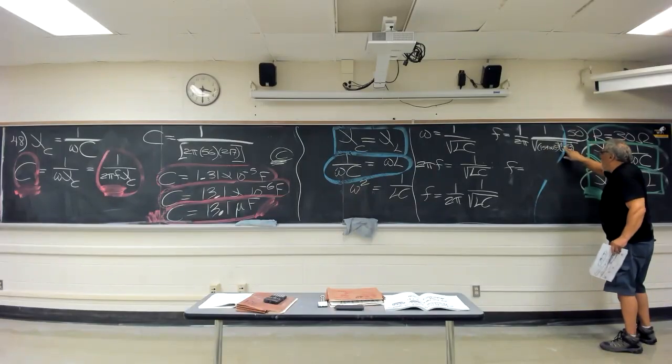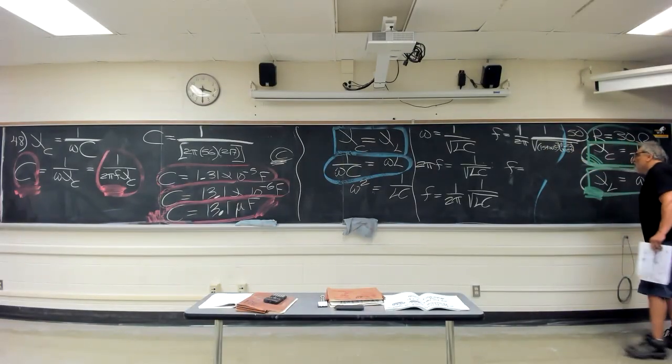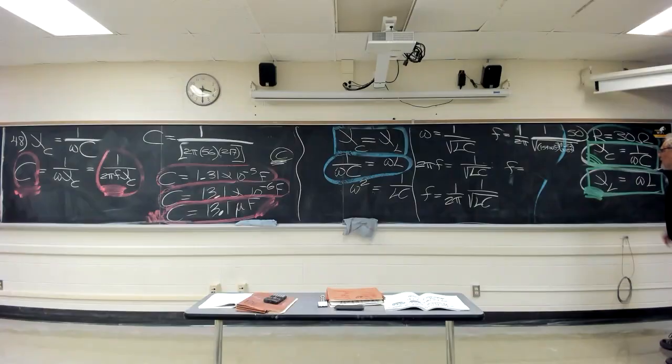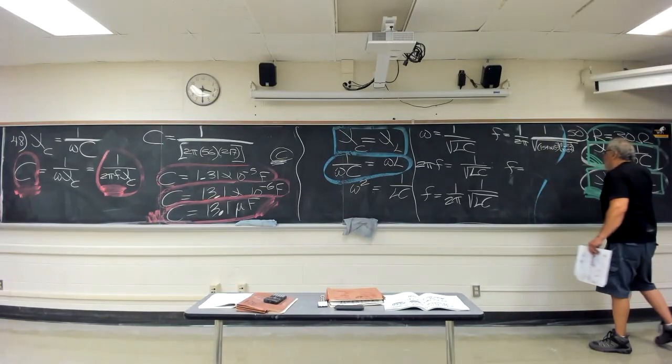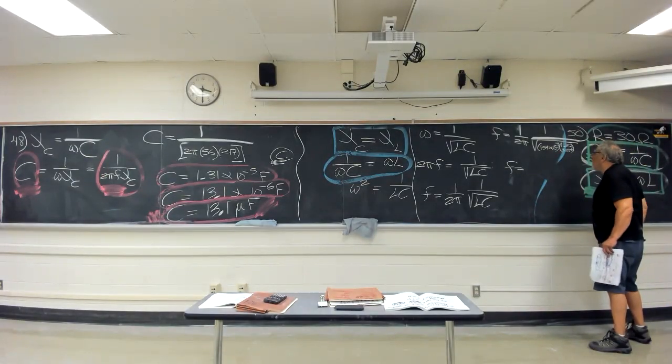154 times 1.22 is about 180 something. Let's do some ballpark figures here, guys.